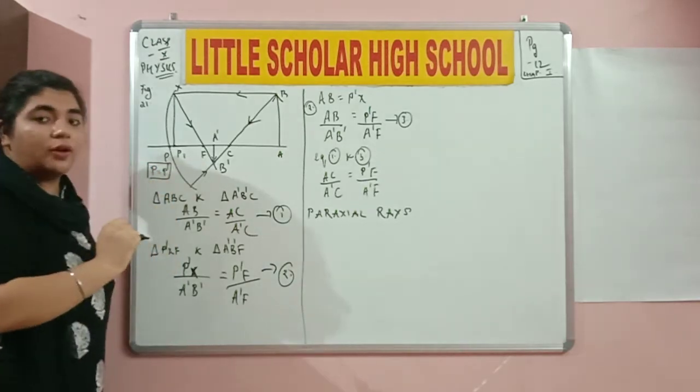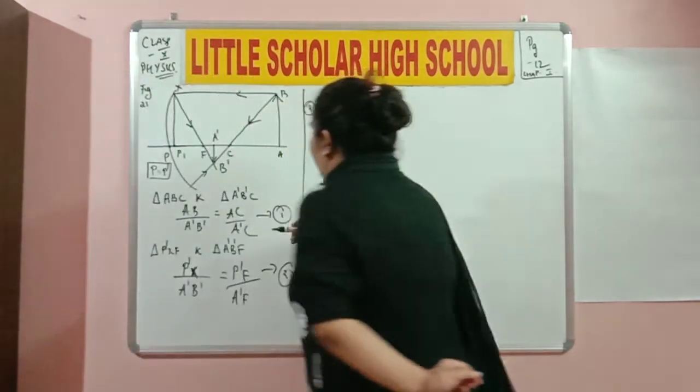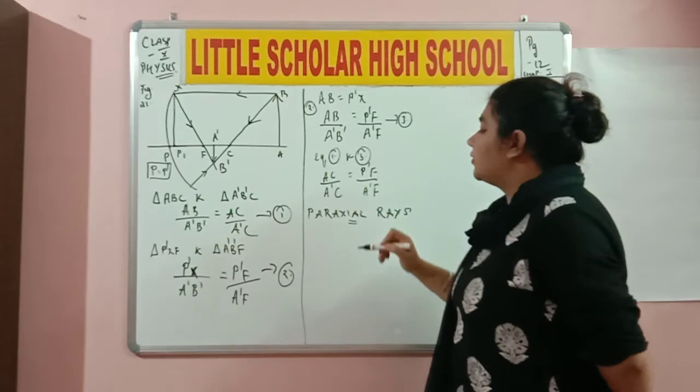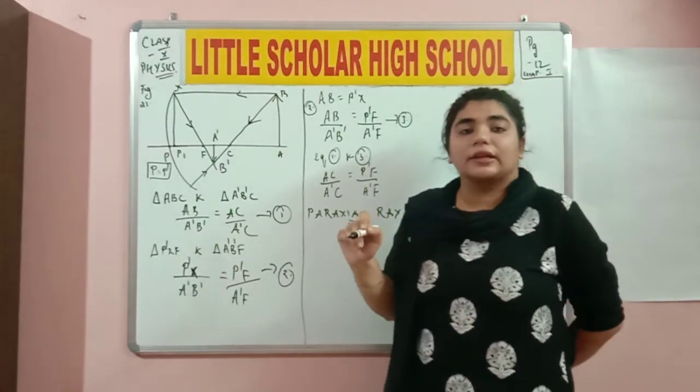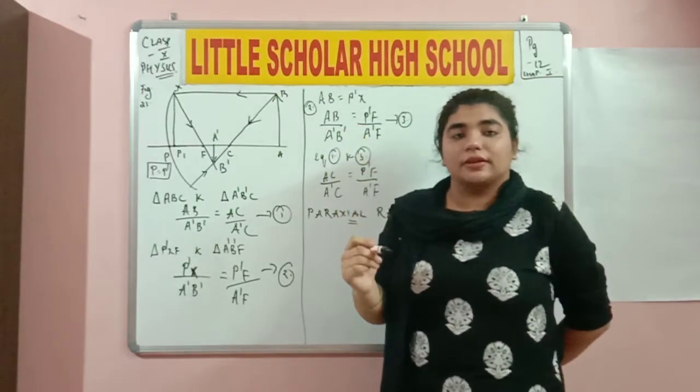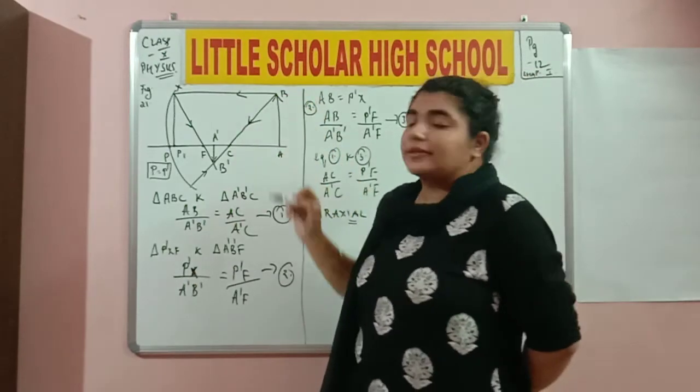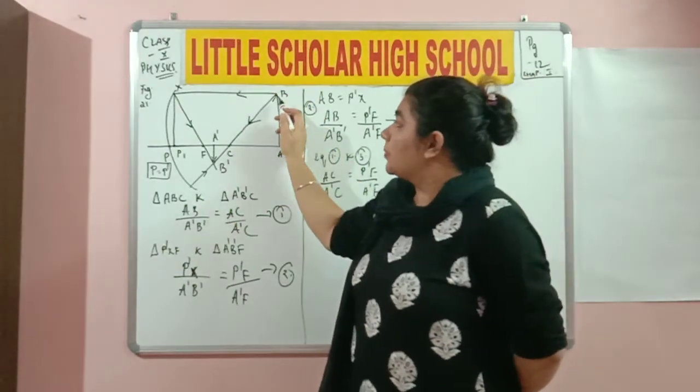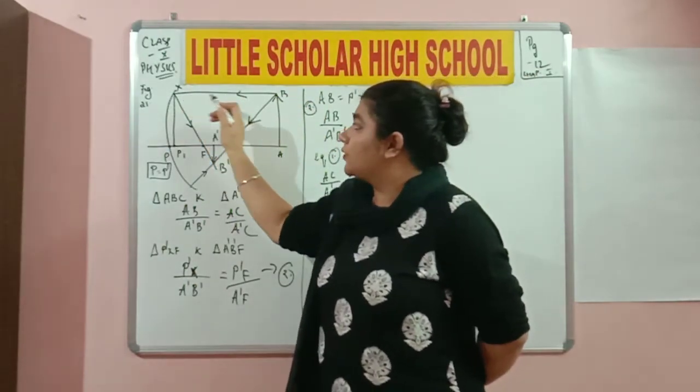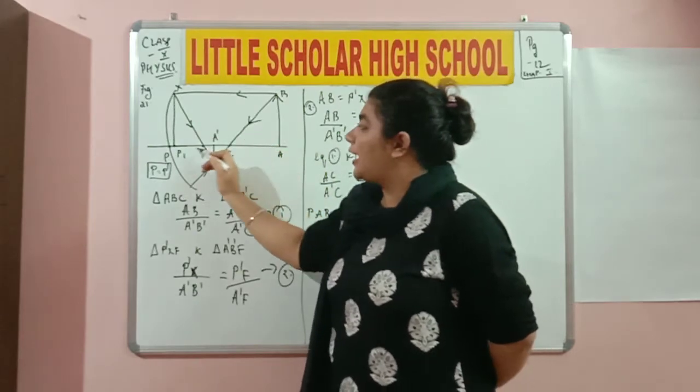Did you understand now? We are talking about paraxial rays. How does the word paraxial come? Parallel and axial. It is nothing but this particular incident ray which is parallel to the principal axis.